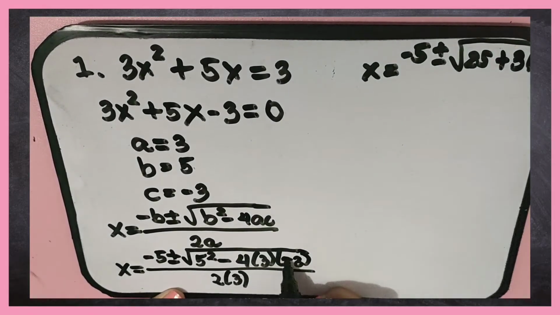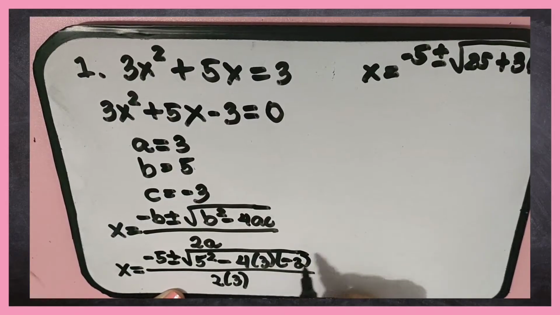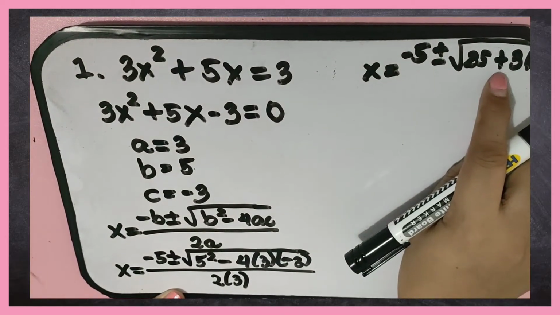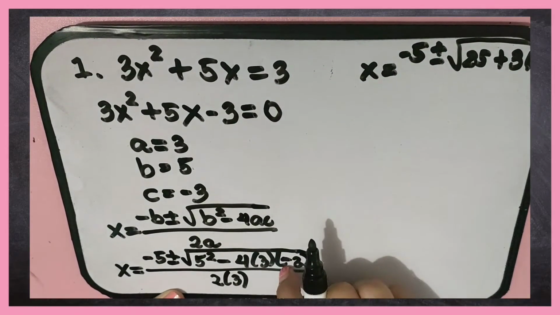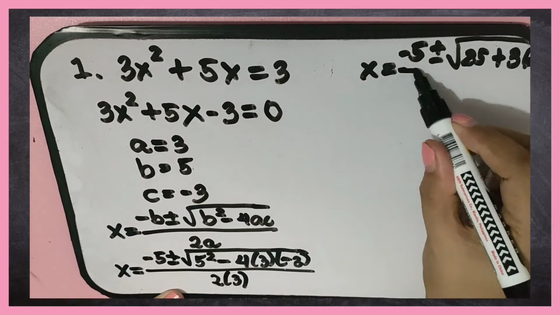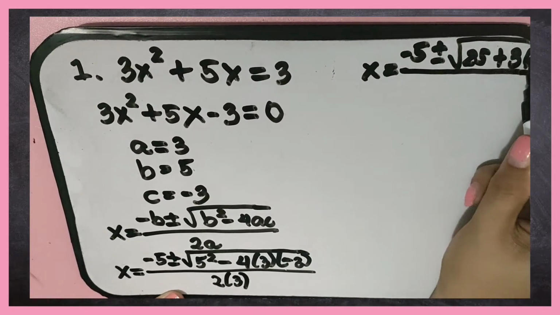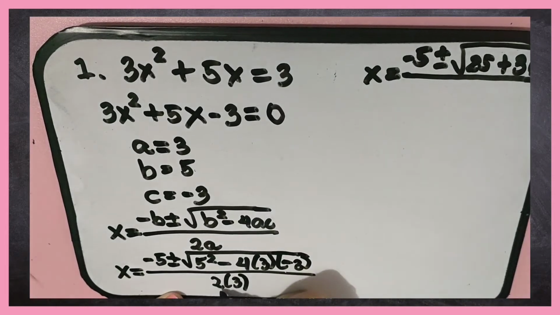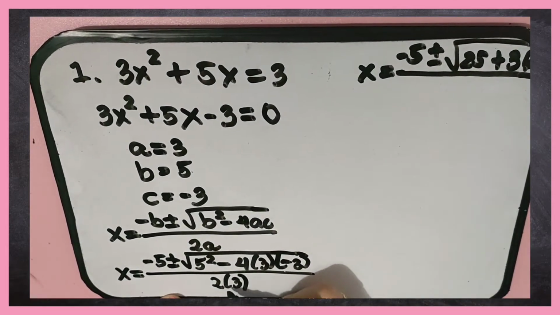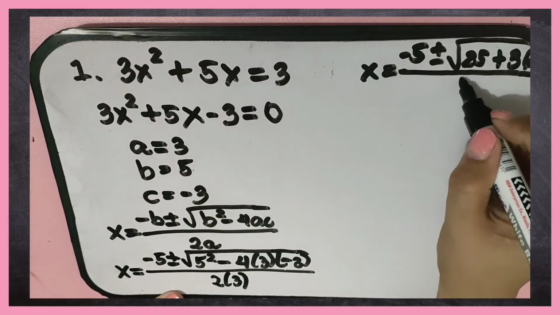If you have 2 negatives here, we have the answer which is positive because negative times negative is positive. That's why we have positive 36. And then multiply 2 times 3, and that is 6.